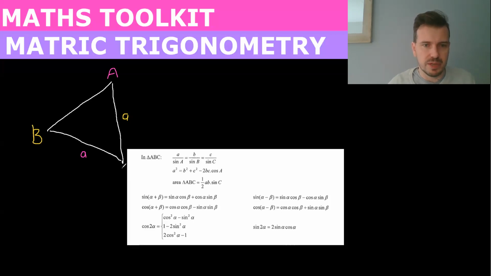And so this would be capital C and little c. So this is little b. So if you're given three of these things, you can calculate one or the other.